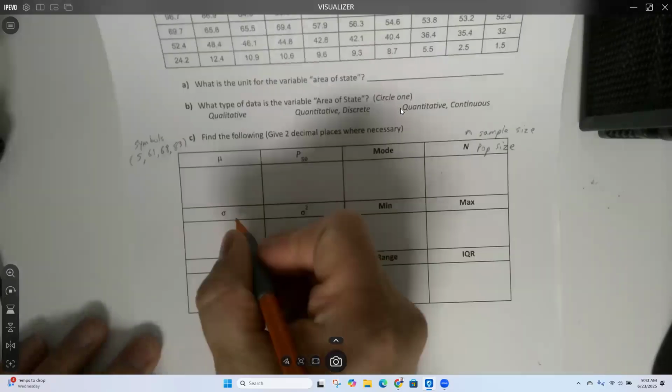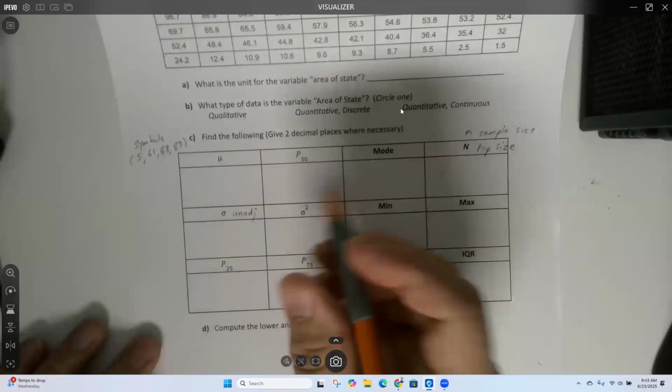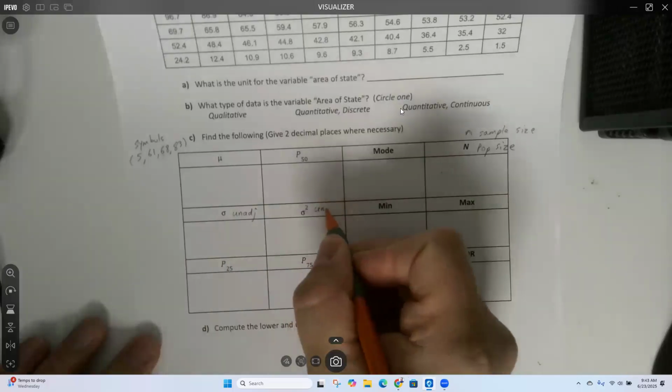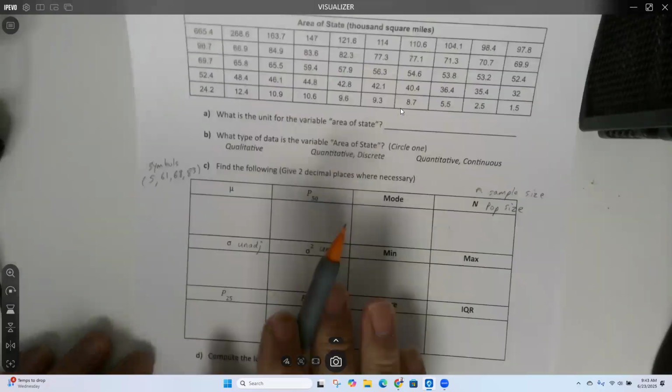With a population, you want the unadjusted standard deviation. Same thing with variance. You want the unadjusted variance.